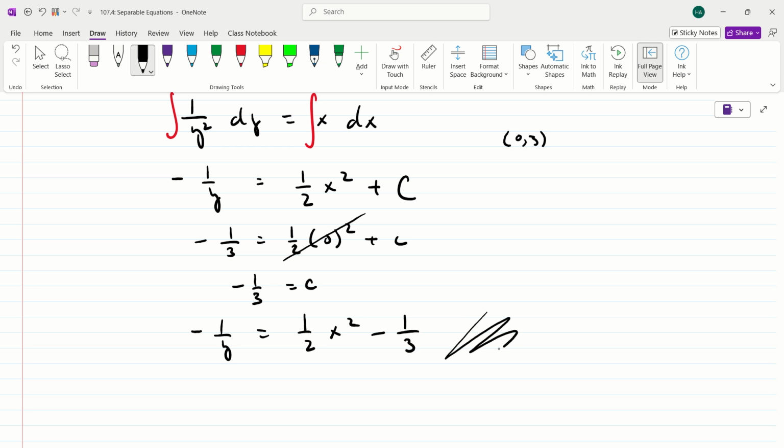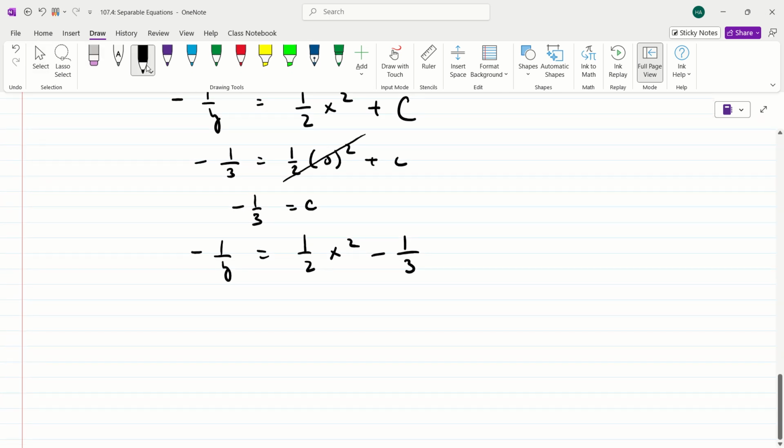So this is an equation containing the solution to our differential equation. We're going to ask ourselves, can we solve for y in this equation? And we most certainly can. Let's do it one step at a time. Let me get rid of that negative 1 in front of 1 over y by multiplying both sides by negative 1. So you got 1 over y is equal to negative 1/2 x squared plus 1/3.